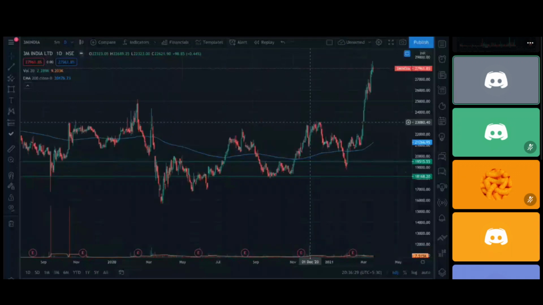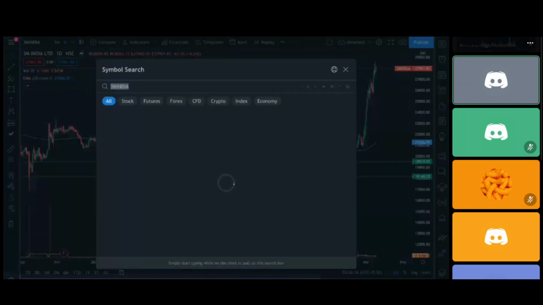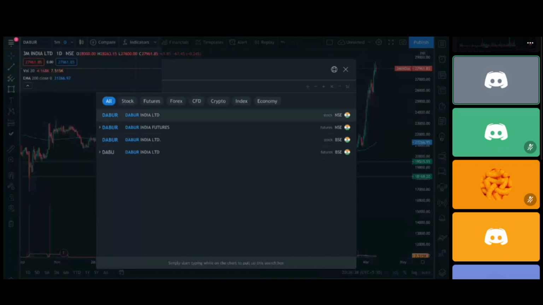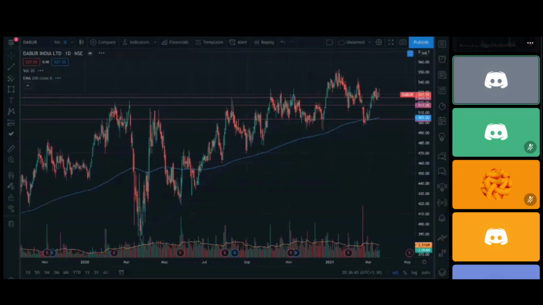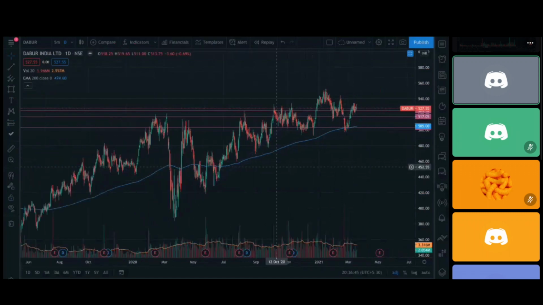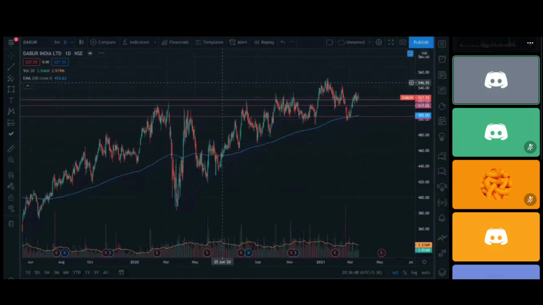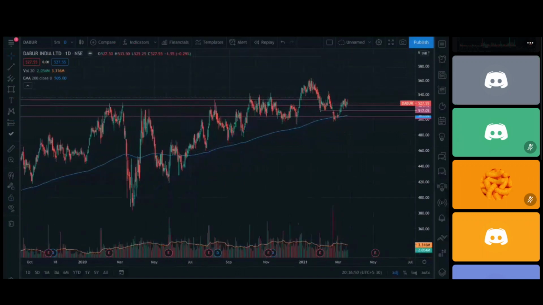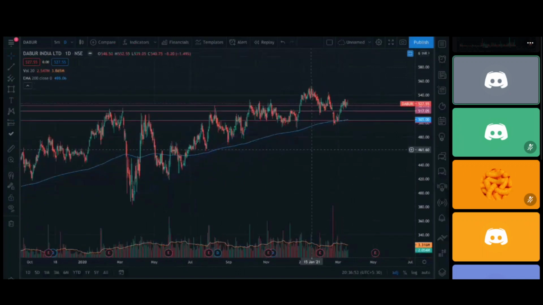So this is something that you can look for or consider while modifying your setup or taking trades in a direction. If you consider Dabur, or there's another stock I'll share, it keeps moving and touching this constantly, which means it's still consolidating, but buyers and sellers are not sure which direction to move. From here, if you consider 461 to 527, it's about 10%, and it has been moving within that for almost 1 year, or 10 months, or 8 months, whatever.